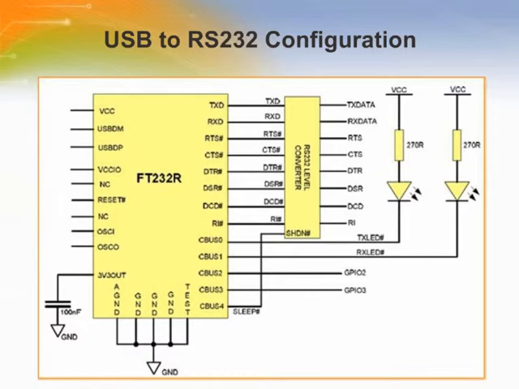This TTL to RS232 level converter has an inbuilt voltage converter to convert the 5 volts to the 9 volts required by RS232. A useful feature of these devices is the SHDN pin, which can be used to power down the device to a low quiescent current during USB suspend mode.